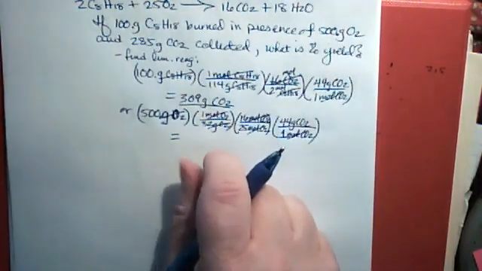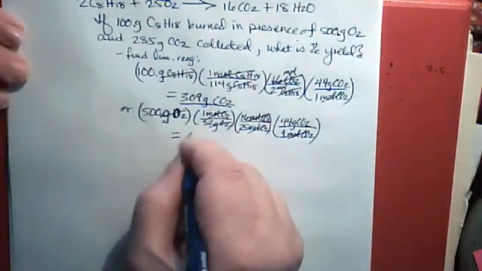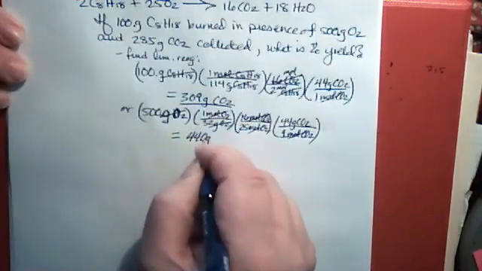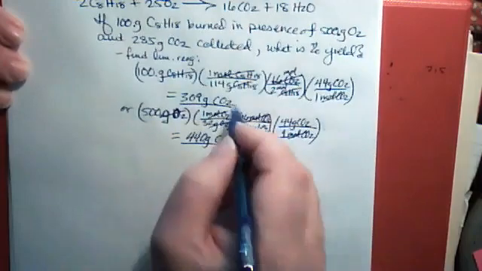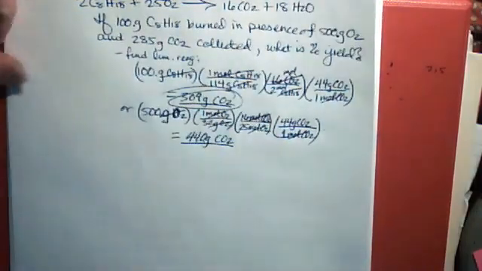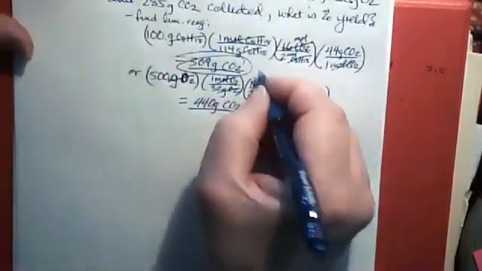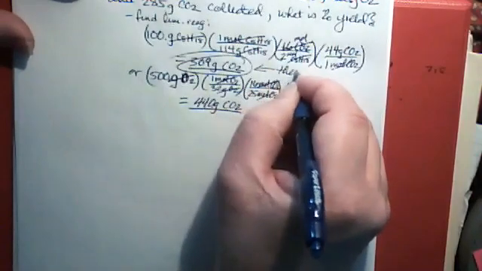And if you multiply all that out, we get 440 grams of CO2. Obviously, 309 grams is smaller, so that is the theoretical yield.